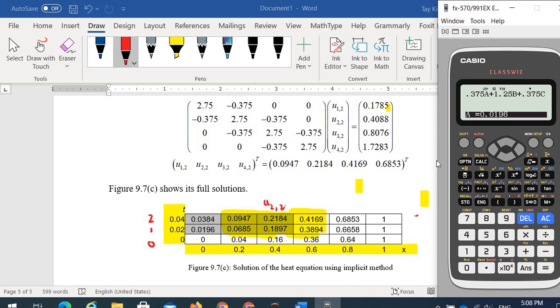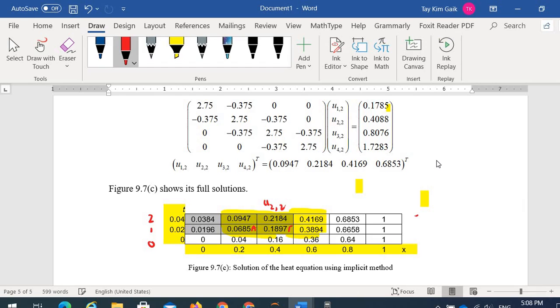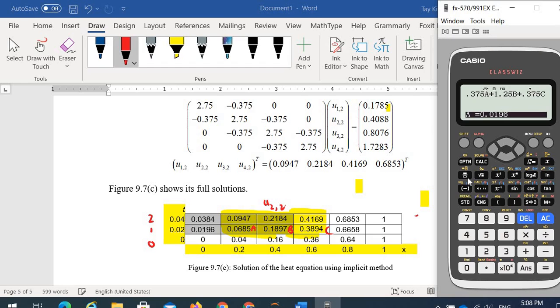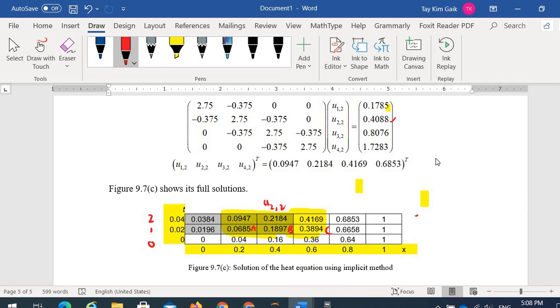So calculate, the A is here. This is B, this is C. A is 0.0685. B is 0.1897. C is 0.3894. So you get 0.4088.